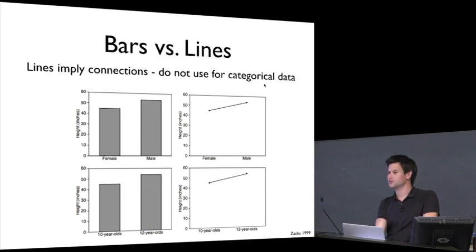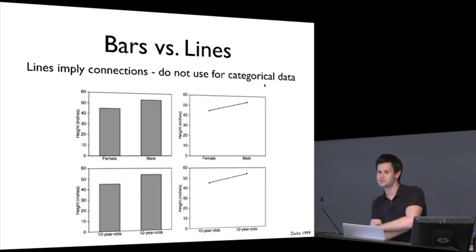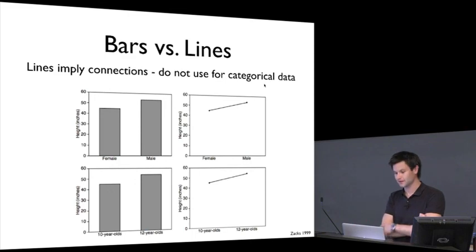Okay, bars versus lines. This is really simple stuff, but very important when you think about it. Lines imply connections. It's called Gestalt principles, and if something is connected, this is very strong for us. If you connect categorical data, like females and males here, we will immediately introduce data that is actually not present, because it's not continuous.